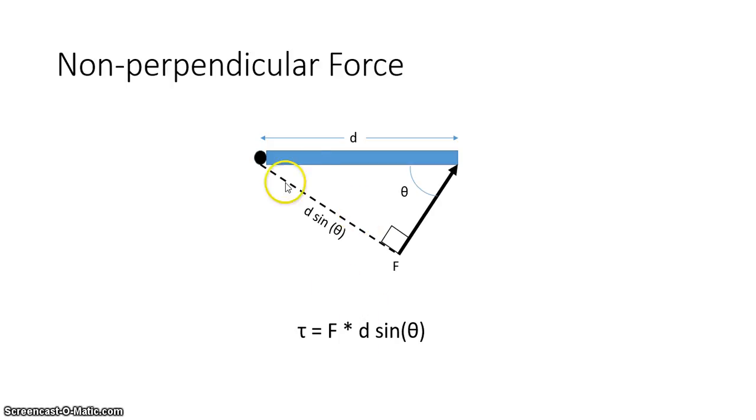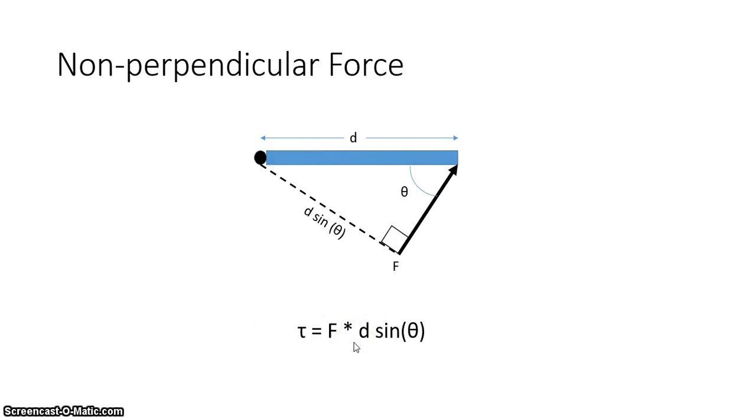So d sine theta would be the y component of D. In this case, D is our hypotenuse. We're looking at this angle here, and this would be the y component of that distance. And we would end up getting the torque that way.